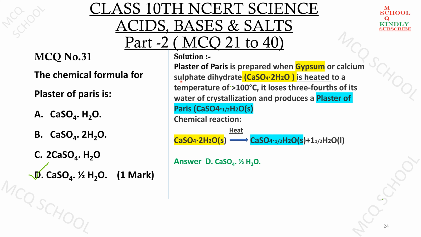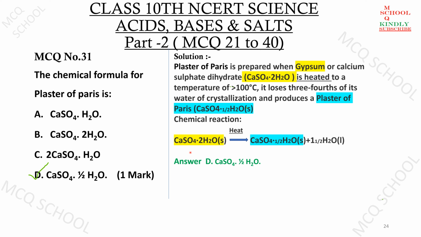Plaster of Paris is prepared when gypsum, or calcium sulfate dihydrate, calcium sulfate dot 2 H2O, is heated to a temperature of 100 degrees or above. It loses three-fourths of its water of crystallization and produces plaster of Paris, that is calcium sulfate dot half H2O.